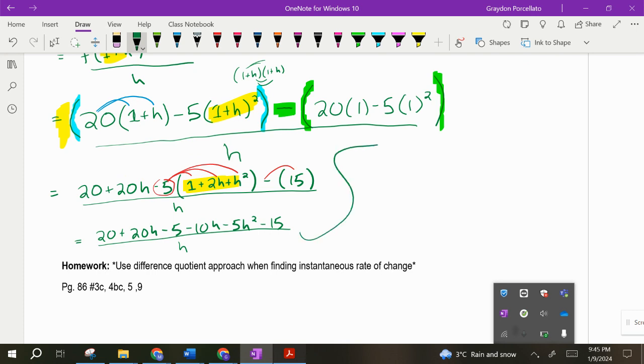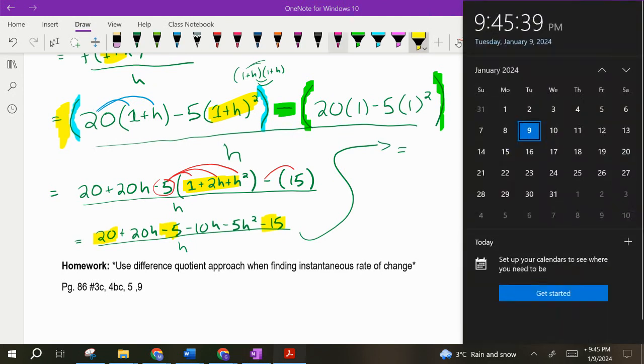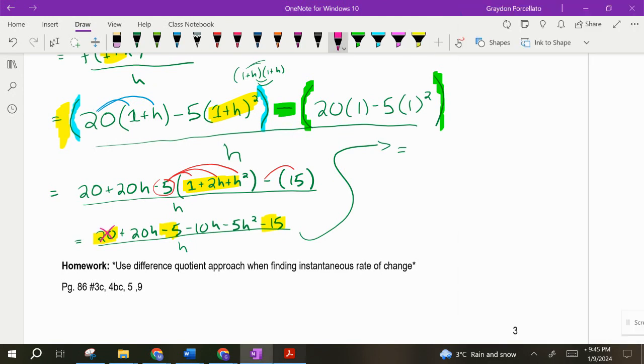We're going to swing this up over here. I'm going to group my like terms. So 20 minus 5 is 15. Minus 15 is 0. So those terms actually quite nicely all disappear.